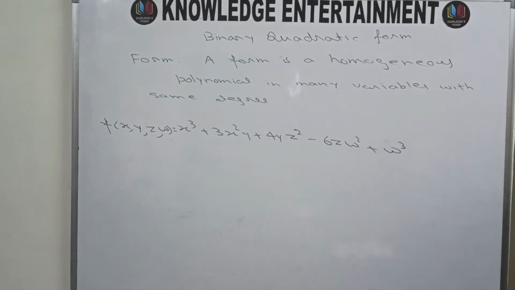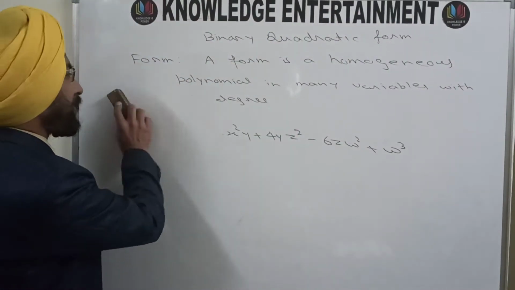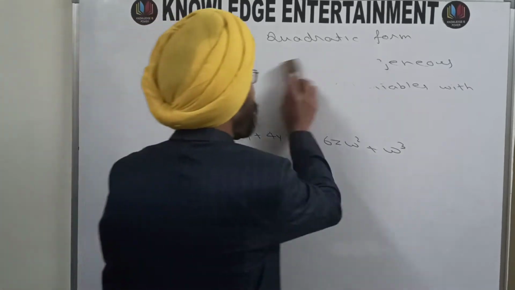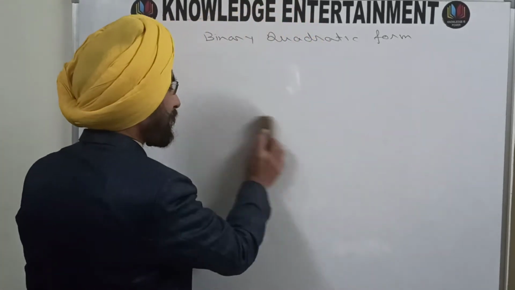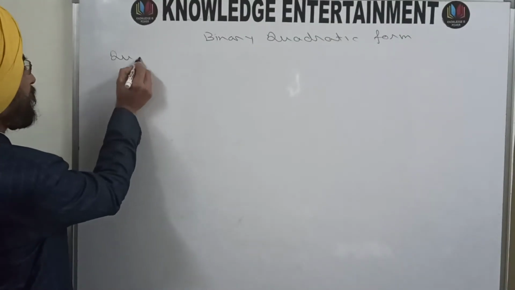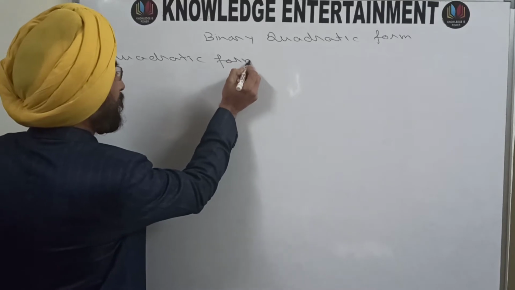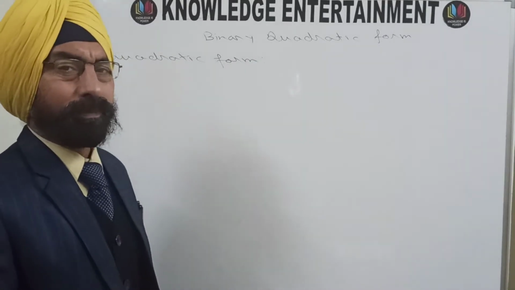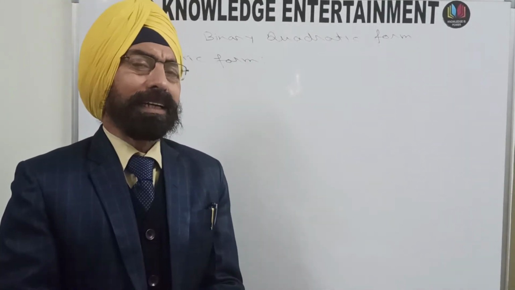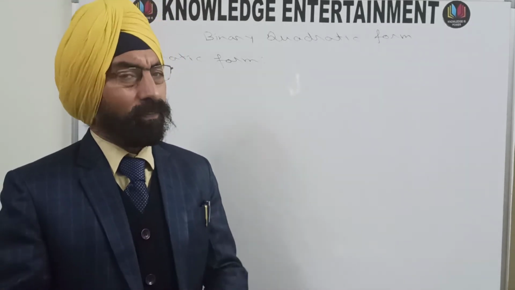Then we will move on to what is a quadratic form. In the definition of form, I told you that it is a homogeneous polynomial in many variables of same degree.